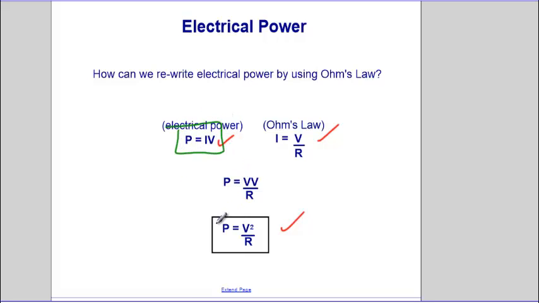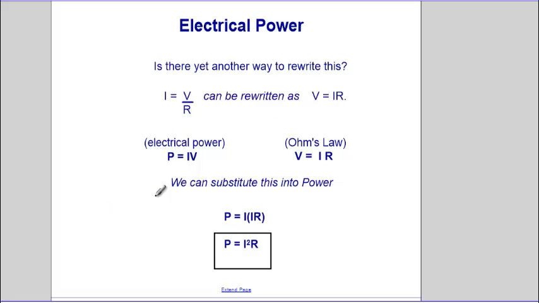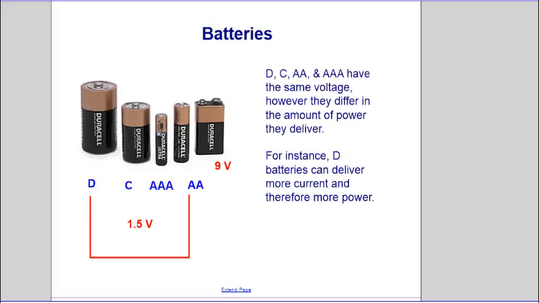The first one is I times V. The second one is V squared over R. And then the third one, again using power is I times V and V is I times R, we get power is I times I R, I squared R. So there are three different ways we can define electrical power.